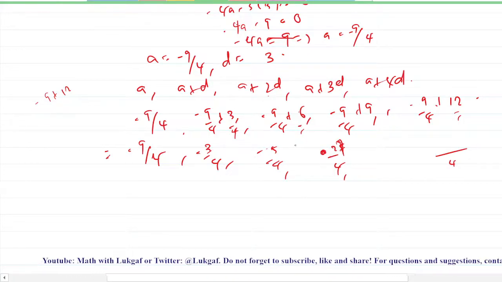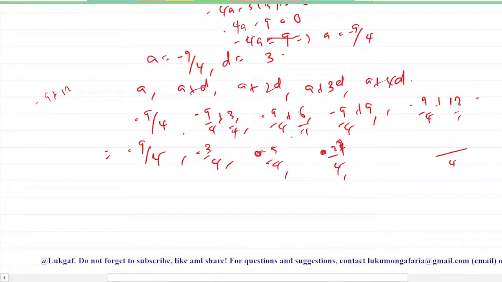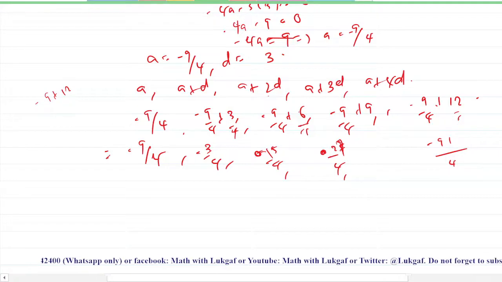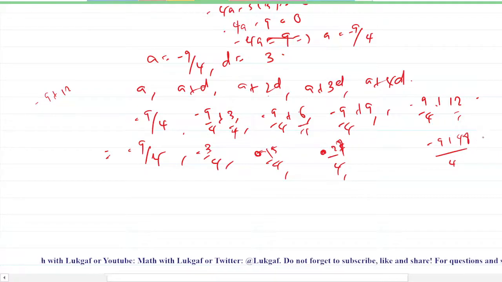If you find the LCM, LCM is 4. 4 in 4, 1 times minus 9, plus 4 times 12, that's 48. So that will give you 39 over 4.